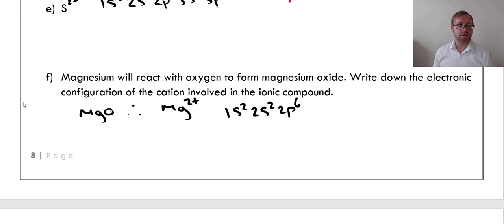So my ionic compound, magnesium oxide, is MgO, therefore it must have a 2+ charge on the cation. Remember, the cation is the positive ion. So my electronic configuration must be 1s2, 2s2, 2p6. Remember, you have to remove the 2 electrons from the 3s2 to get my 2+ charge.